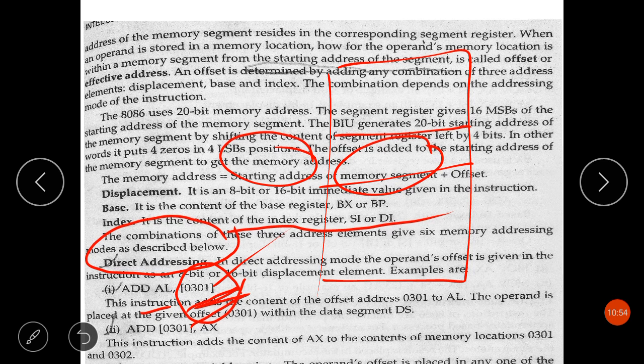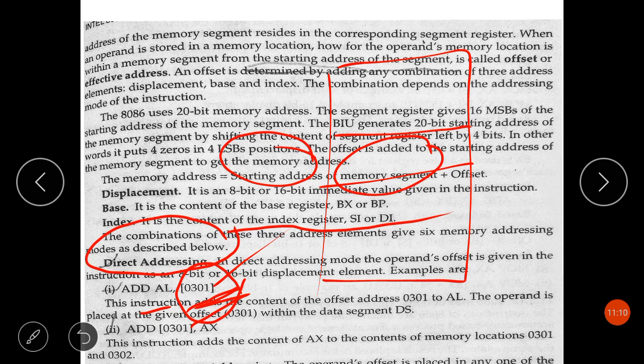So what I'm trying to say is, in direct addressing mode, the offset of the operand will be mentioned in the instruction itself. The offset can be an 8-bit displacement or a 16-bit displacement.